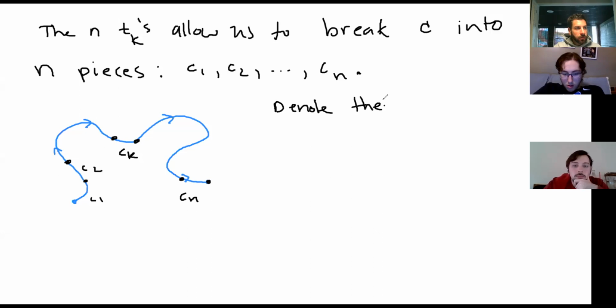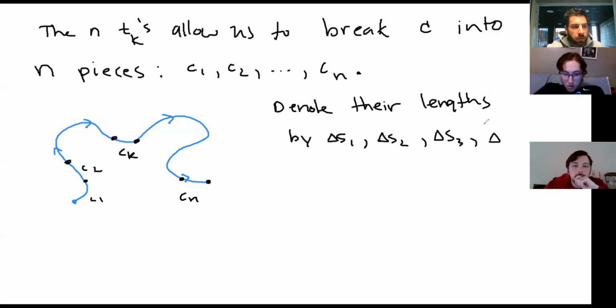Denote their lengths by ds sub 1, ds sub 2, ds sub 3, all the way up to ds sub n. Why am I using s? That's just a standard convention that we use, and you'll see why in a second.